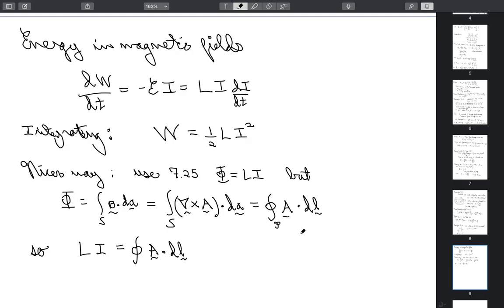Okay. And also the total work we've done, so the energy stored in this whole thing, is 1/2 times I times the integral of A dotted into dL.